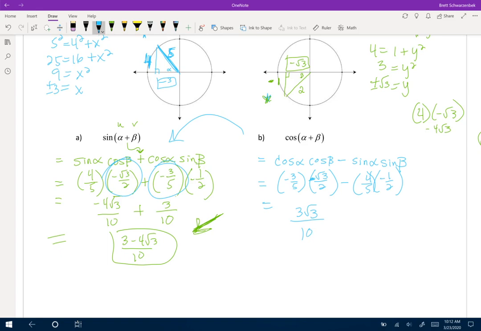And over here, even though this is a positive and this is a negative, you have to pay attention to this negative over here, which makes the whole thing a positive. So you're going to get 4 over 10. And if you simplify, you're going to get 4 plus 3 root 3 over 10 as your result. So again, very similar looking answer, but that is the result of the problem.